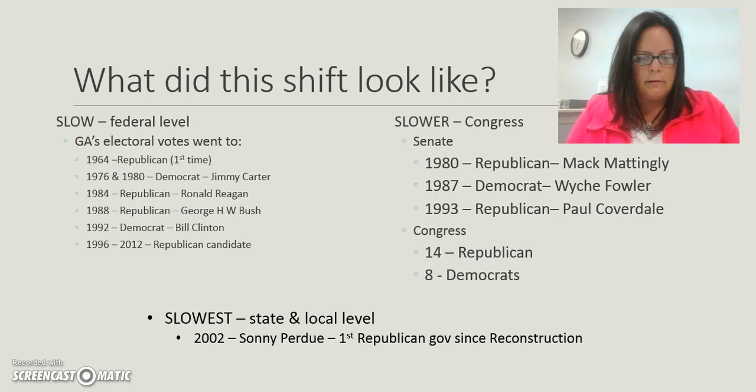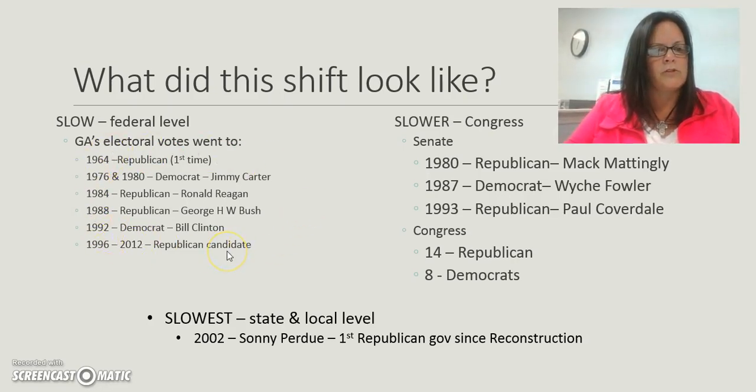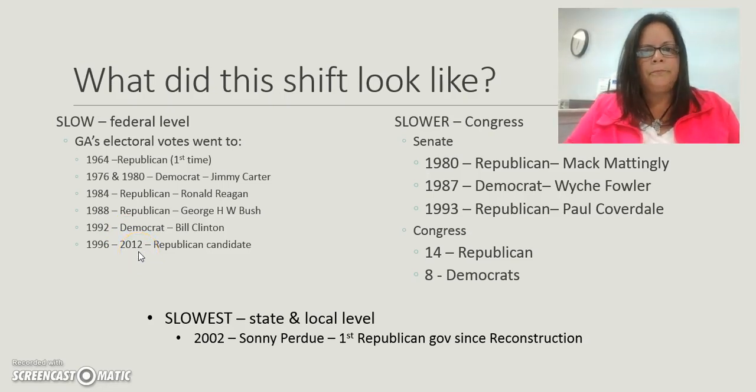Since then, the only Democratic presidential nominees to win Georgia were Jimmy Carter and Bill Clinton. And if you look over here, you can see what our electoral votes look like as far as presidential elections from 1964 to 2012.